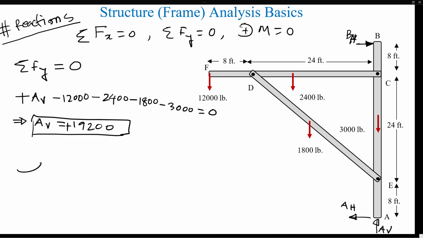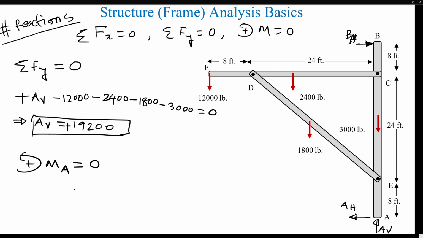Now we can take a moment at C, at A or at B, it doesn't matter. As you have seen before, if you take moment at one point, you're going to find the reaction force at the other point.